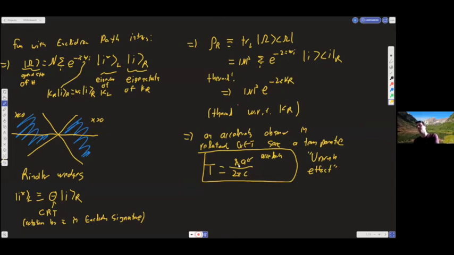So maybe not trivial for the others, but when you take together the Boltzmann factors, you get the right spectrum, such that from a spectrum you get the temperature. Right, yeah. So I'm comparing this to the standard thermal density matrix, which is 1/Z times e to the minus beta H. And so the idea is that these two are mathematically the same. This 2 pi is somehow the inverse temperature, and this K_R is playing the role of the Hamiltonian.